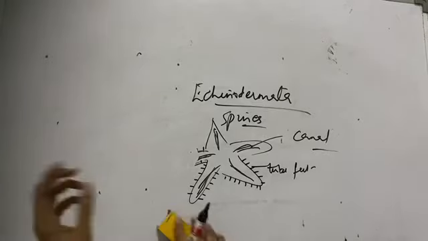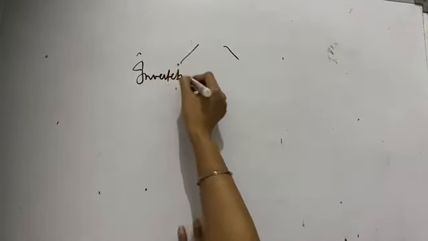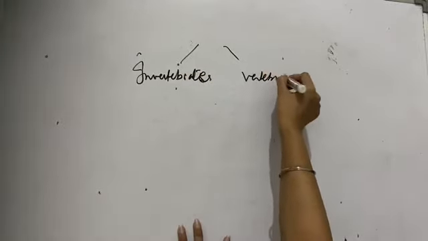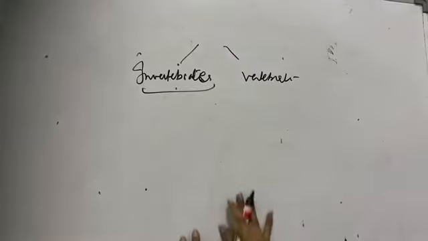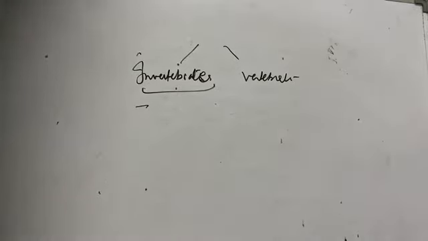So we said at the beginning that there are 2 types of animals, 2 categories of animals. One are invertebrates and another one are vertebrates. We previously read all the invertebrates. We said that all of the phylums that we were doing till now, they all were invertebrates.